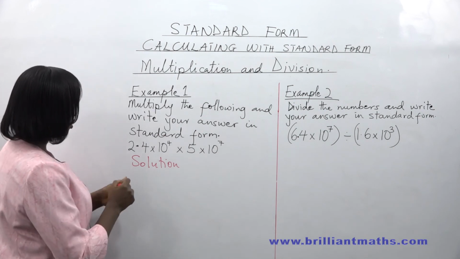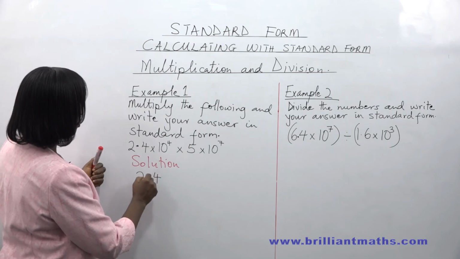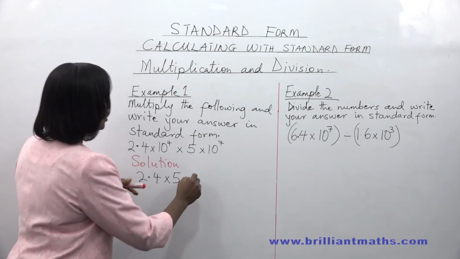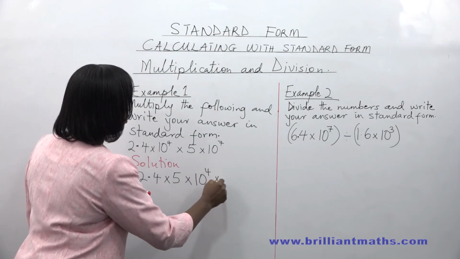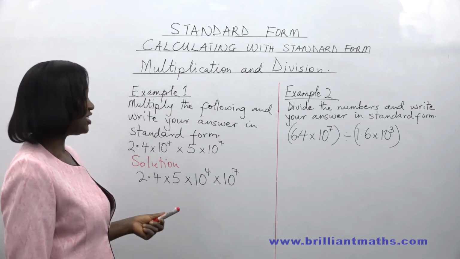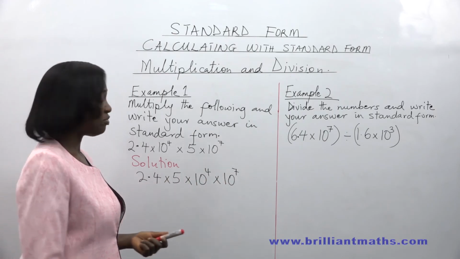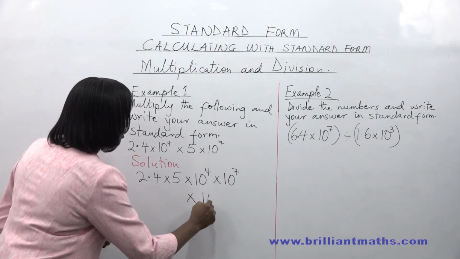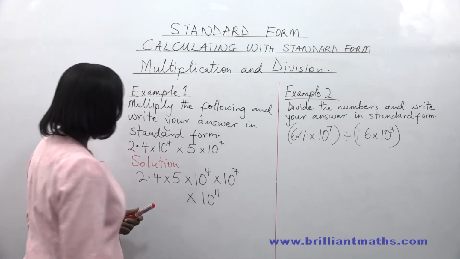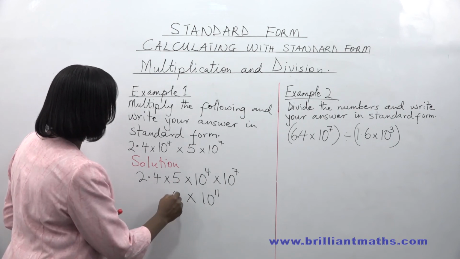So we have 2.4 times 5 times 10 to the power 4 times 10 to the power 7. And from the laws of indices, we know that 10 to the power 4 times 10 to the power 7 will give us 10 to the power 11. We simply add the powers. 4 plus 7 is 11. And then 2.4 times 5. 5 times 4 is 20.